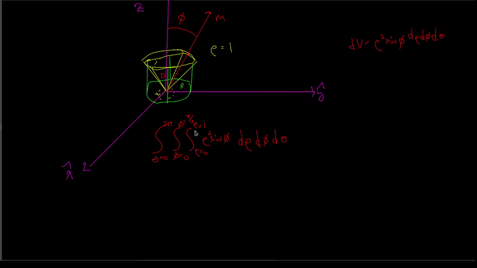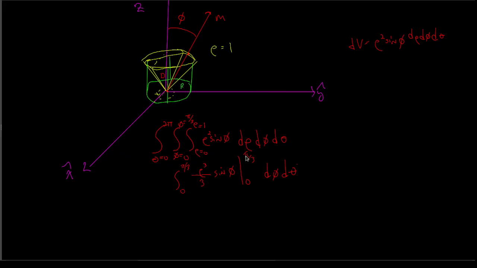So our first integration will be in terms of rho. So that's going to be rho cubed over 3 sine phi evaluated from 0 to 1, d phi d theta, with phi from 0 to pi over 3 and theta from 0 to 2 pi.